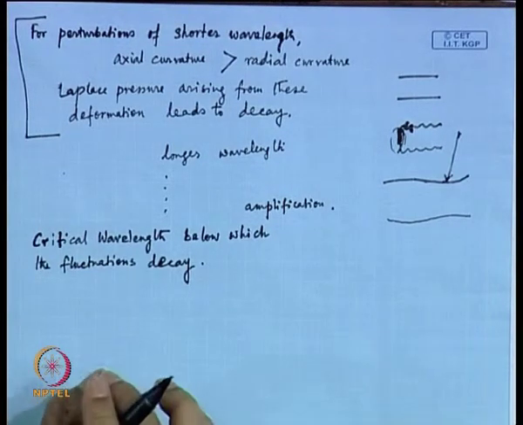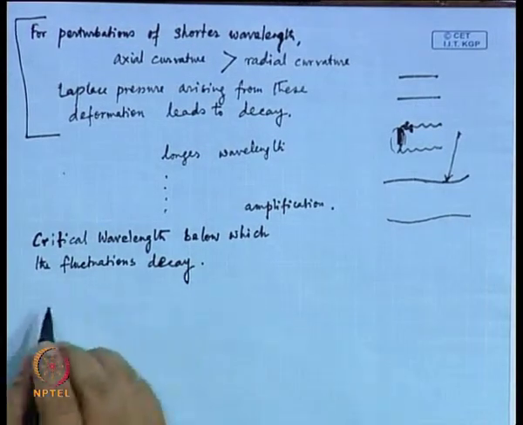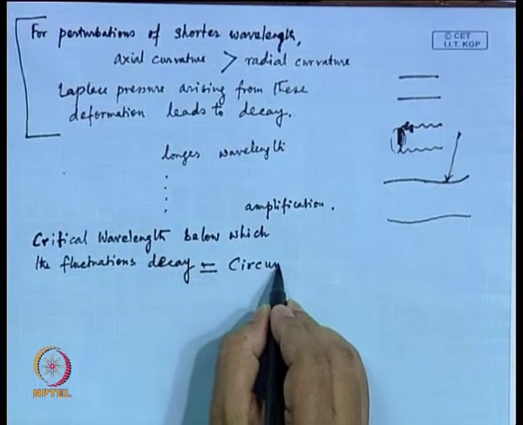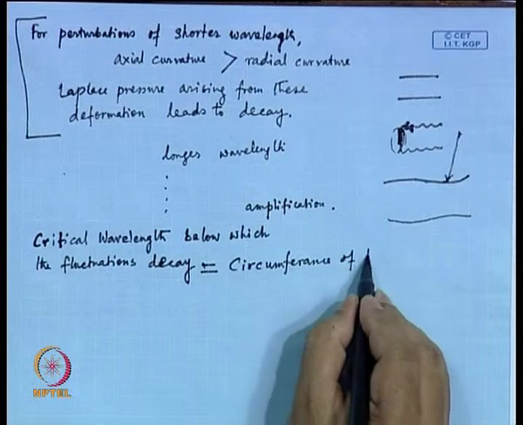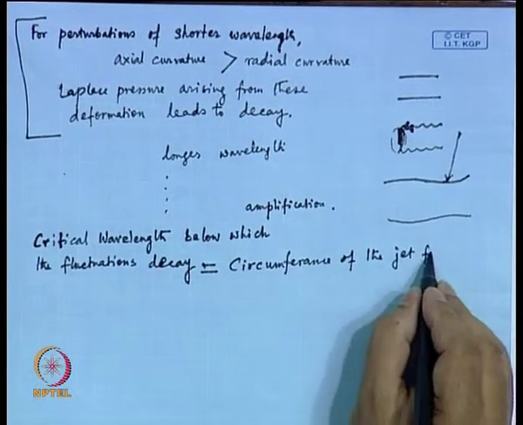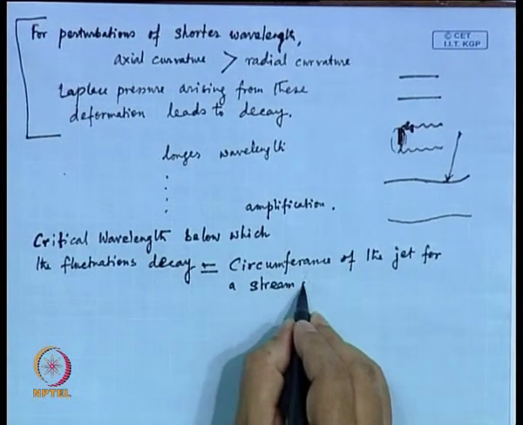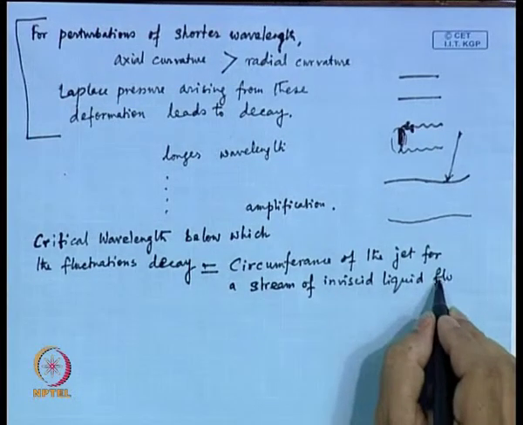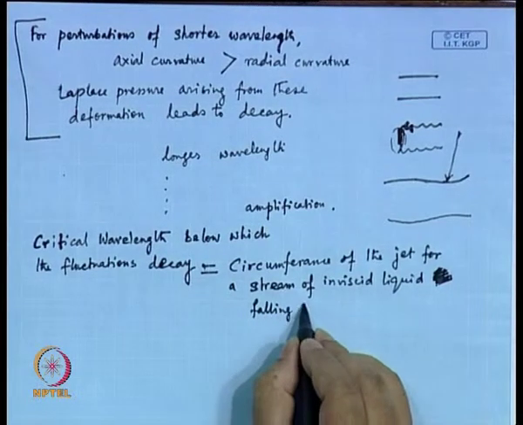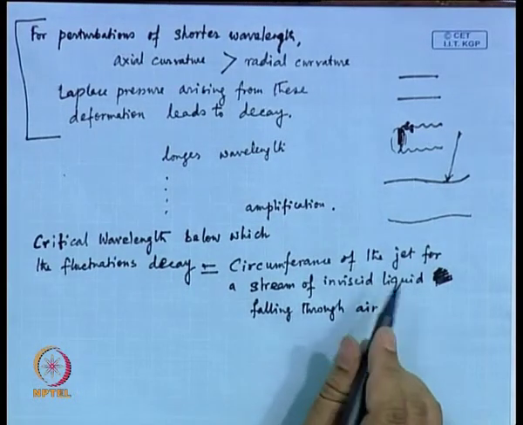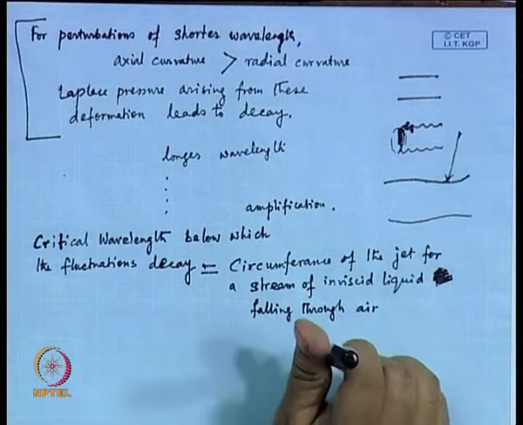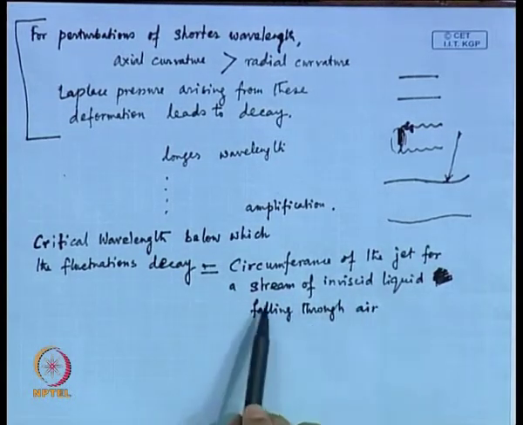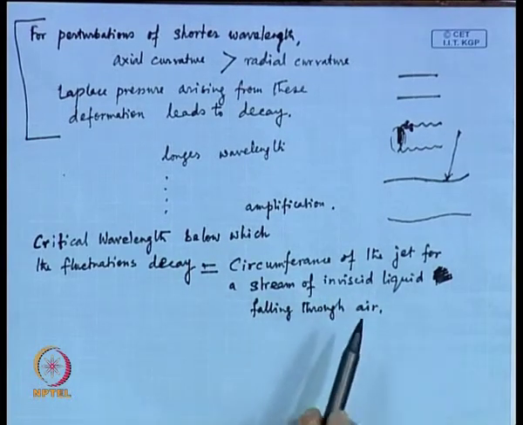This is referred to as the Rayleigh-Plateau instability, and it has been derived that the critical wavelength below which the fluctuations decay is equal to the circumference of the jet for a stream of inviscid liquid falling through air. So, for a stream of inviscid liquid falling through air, the critical wavelength below which the fluctuations decay is equal to the circumference of the jet. Okay.